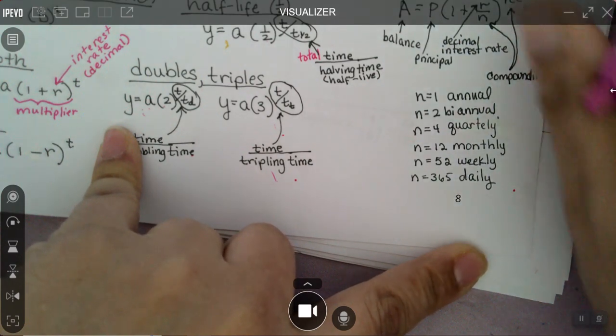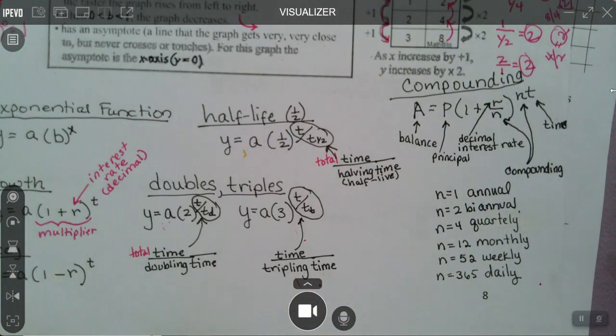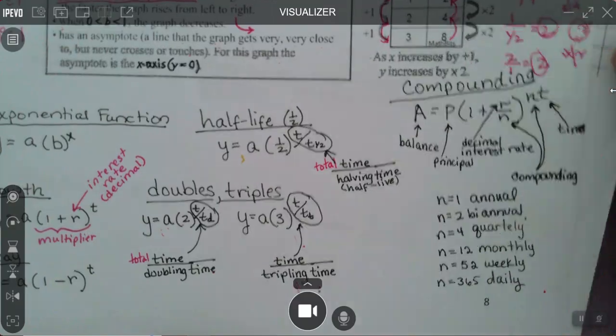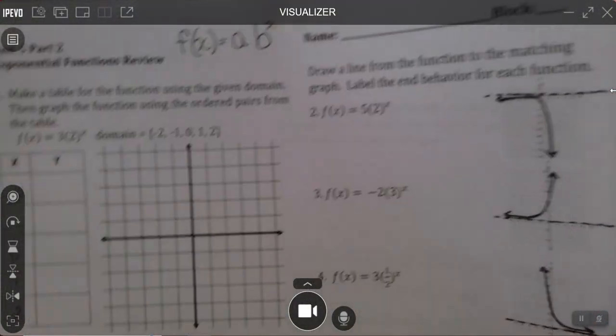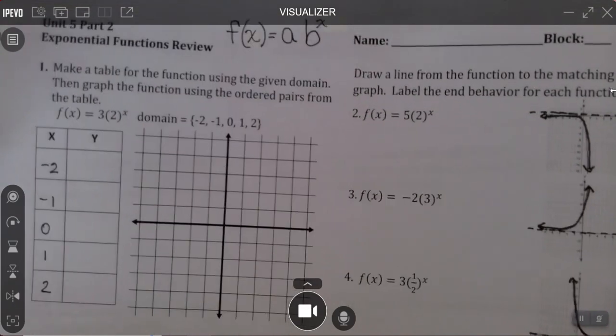Clear? Any questions so far? This is literally just about 80% of everything from chapter 5 and chapter 6. Questions? All right. I specifically told you which are the ones that you need to know by yourself because the formula sheet does not give you.